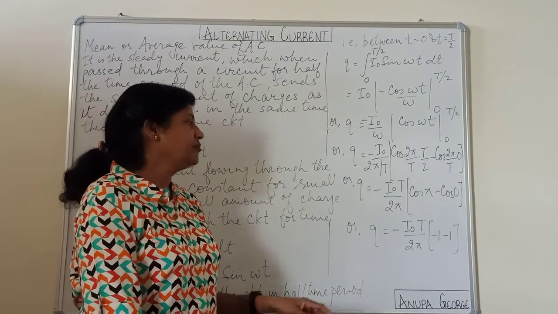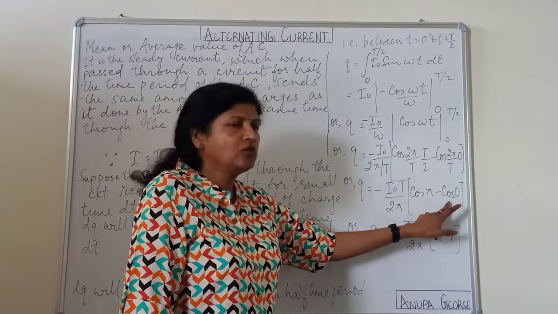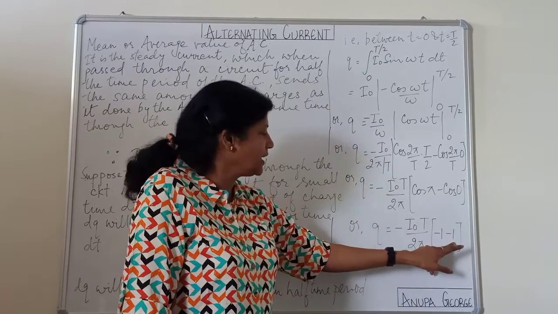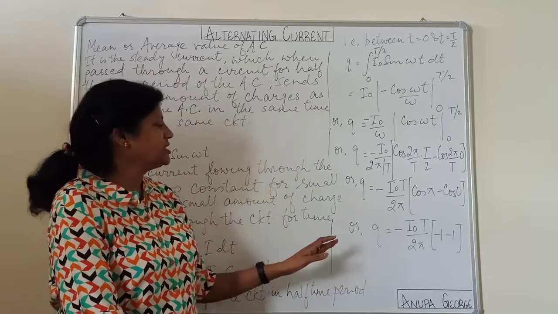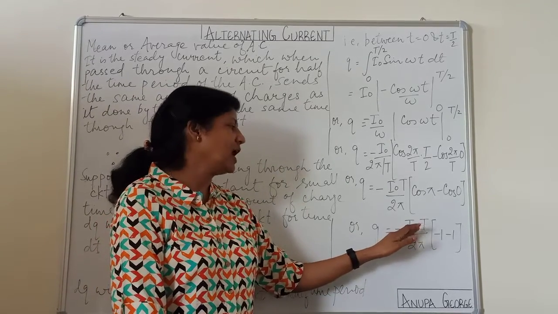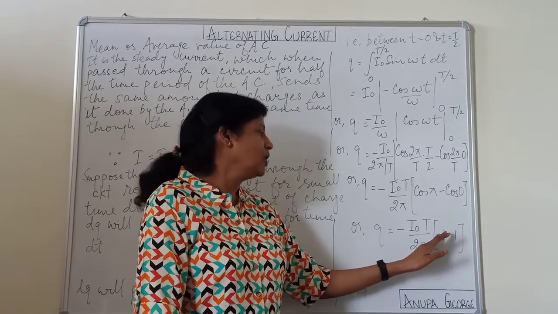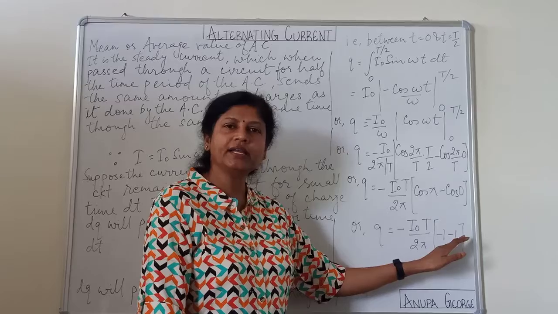We know that the value of cos pi is minus 1 and the value of cos 0 is 1. So we get q is equal to minus I naught T upon 2 pi into minus 1 minus 1.